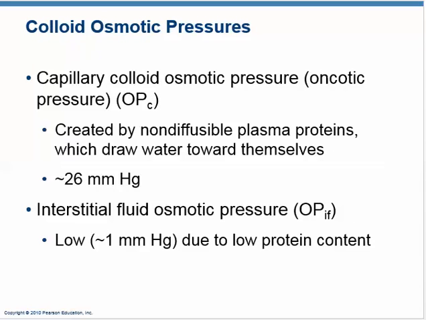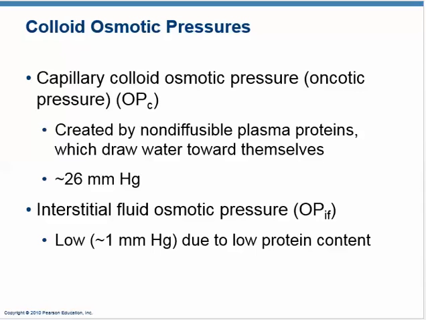The osmotic pressure from the capillary side is really caused by albumin. That's the main thing, the non-diffusible plasma proteins. It averages about 26 millimeters of mercury. Now, there are proteins and things found out in the interstitial fluid, but there's not very much.